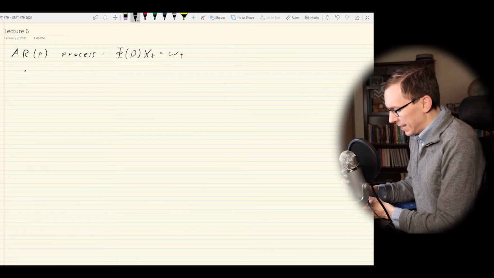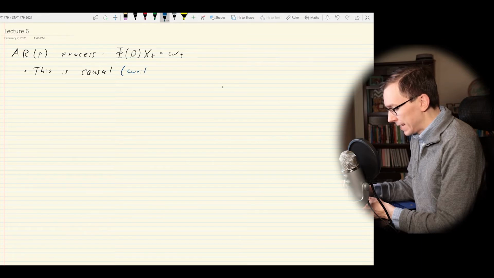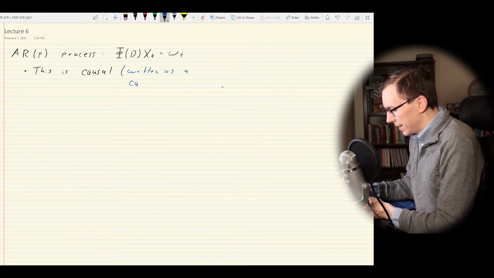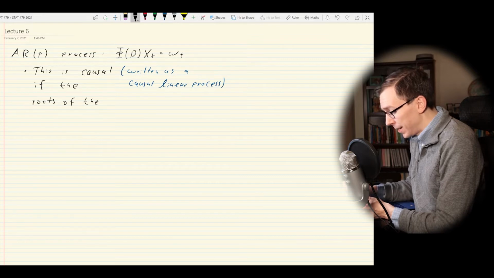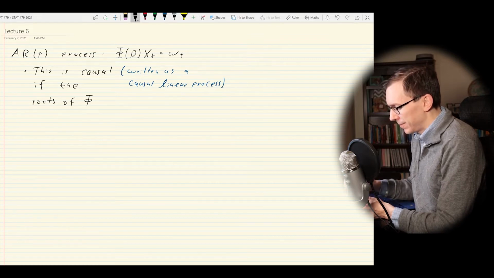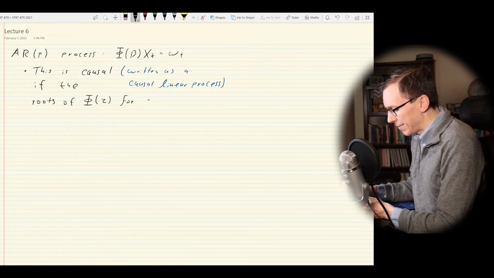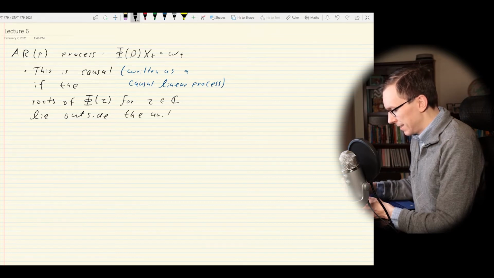And what we found is that the key thing that we discovered is that this is causal, in the sense that it can be written as a causal linear process, if the roots of capital Phi evaluated at z, for z a complex number, lie outside the unit disk.